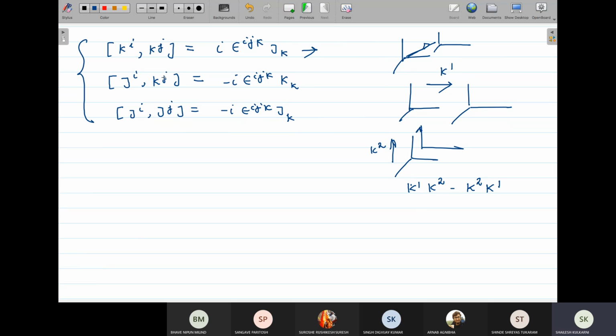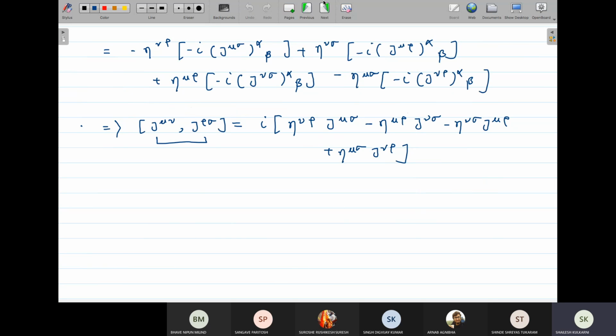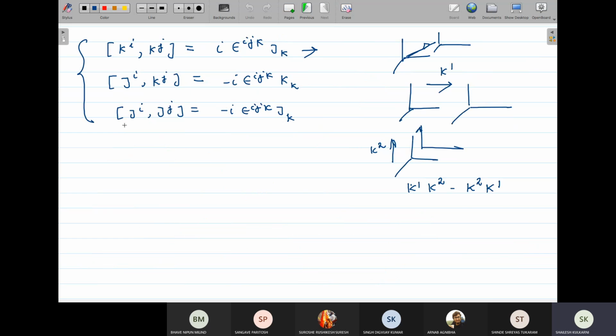The commutation between rotation and boost gives a boost. In this way of writing, the boost and rotation generators are mixed up.